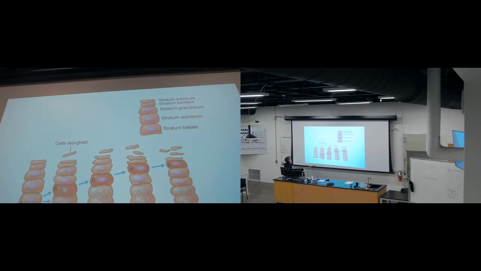So here is the diagram showing you how this stem cell A undergoes mitosis, and then it produces another stem cell which will stay here in the basal layer, but then this daughter cell, which now we'll be calling B, will move from stratum spinosum into granulosum, into lucidum, and into corneum, and it will die, and it will become a keratinocyte, and then it will end up in our bed.